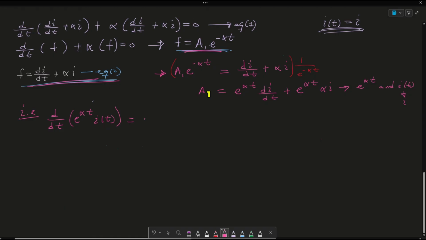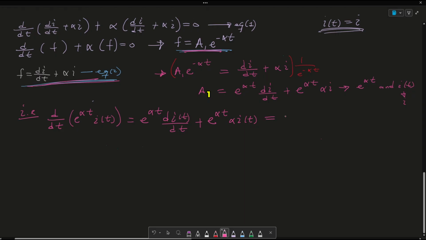So this is equal to, I leave my first term alone, so this is e to the alpha t. I take the derivative of I of t, so dI of t over dt, plus I take the derivative of e to the alpha t, which is simply just e to the alpha t again, and I leave my second term alone, so alpha I of t.